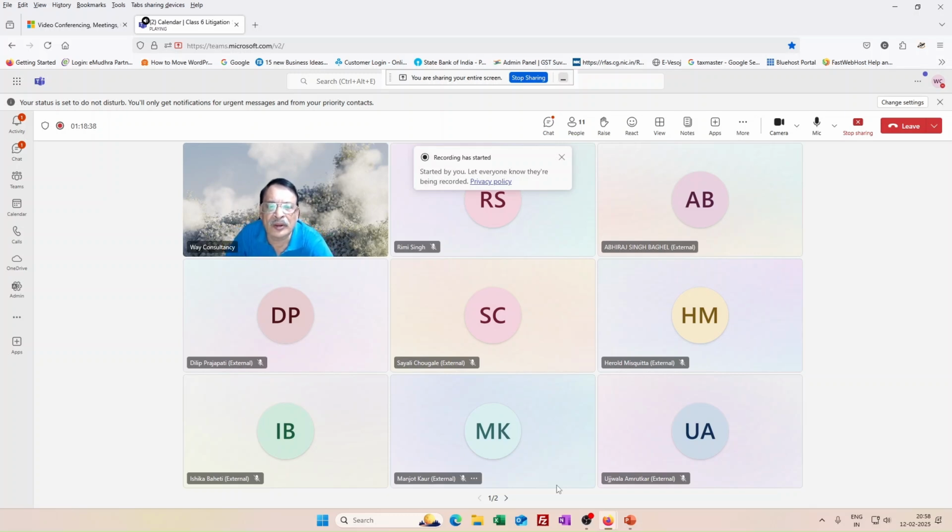But it never happens if you reconcile regularly with the 2B. It never happens until and unless there is an error in the portal. Now, got my point? Yes, sir. Okay.